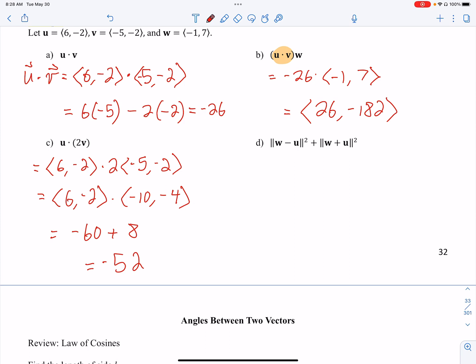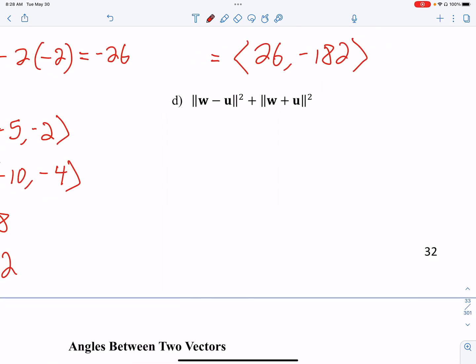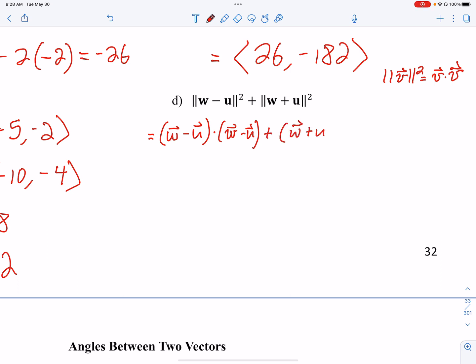Okay, I'm going to zoom in here because I'm going to write kind of small. This goes back to the thing that we talked about in the box above: if I have the magnitude of v squared, that's just the dot product of v with itself. So I'm going to rewrite this as exactly that: w minus u dotted with w minus u, plus w plus u dotted with w plus u. You can think about this like FOIL.